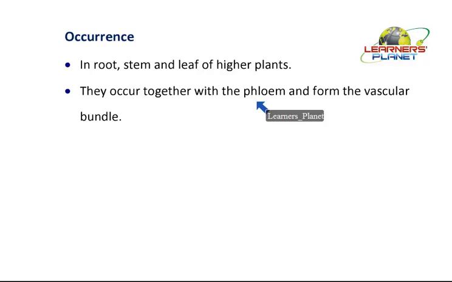Such a bundle or arrangement in which phloem and xylem are present together is known as a vascular bundle. So these vascular bundles, we said, are present in the central region of the root or the stem or leaf stalk. We have already studied about its location. It is present in the central region.